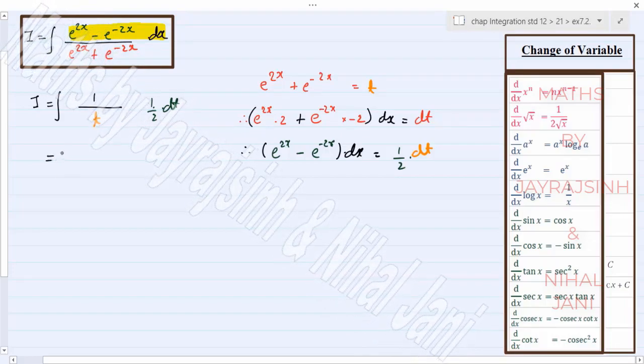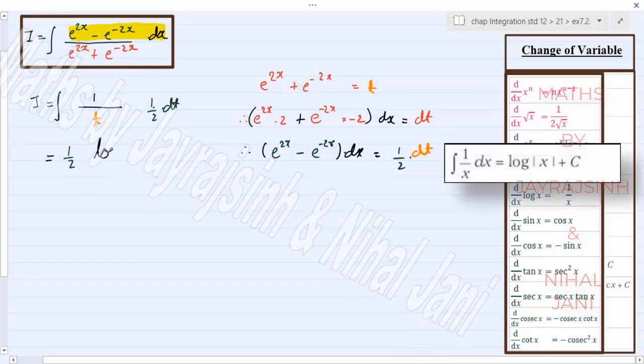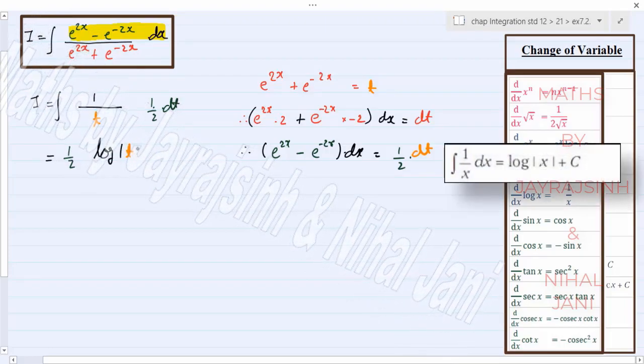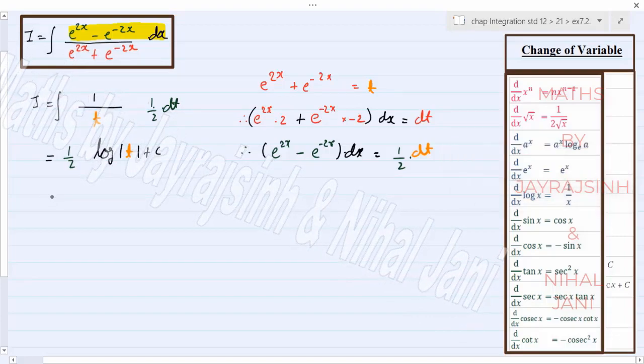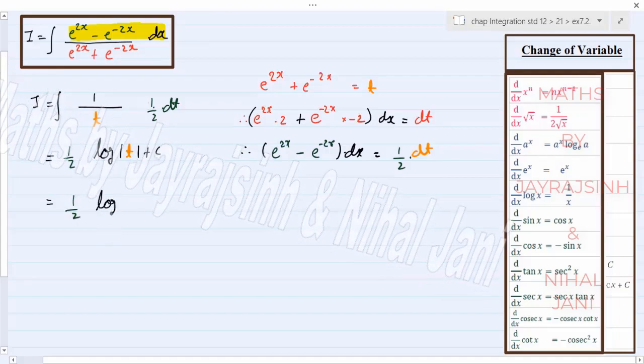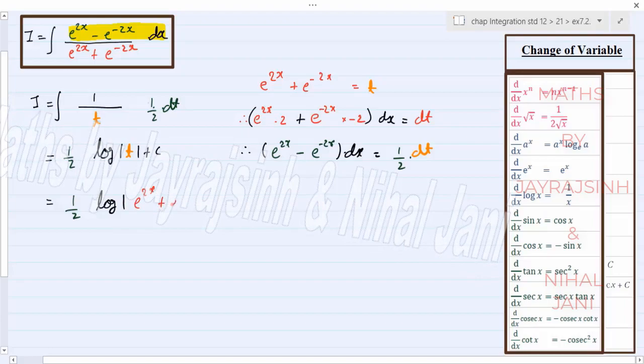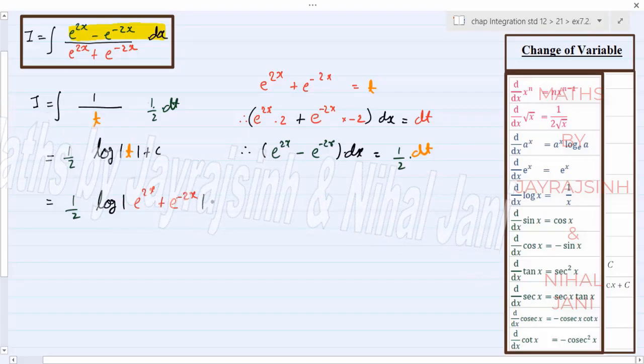Now we don't have to worry about this 1 by 2. Integration of 1 upon t is simply log mod t plus c. So to get the final answer, just substitute the value of t, which is e raised to 2x plus e raised to minus 2x, plus c.